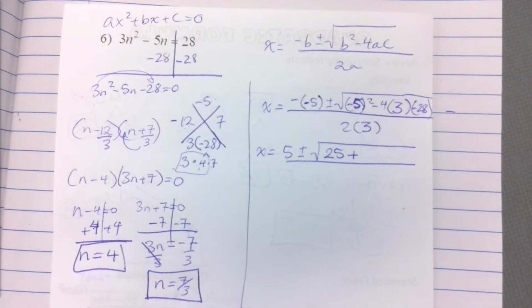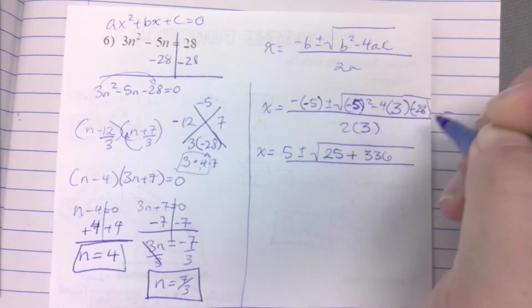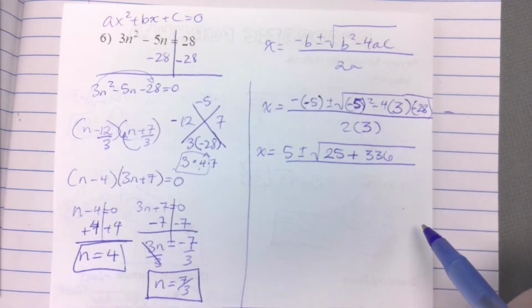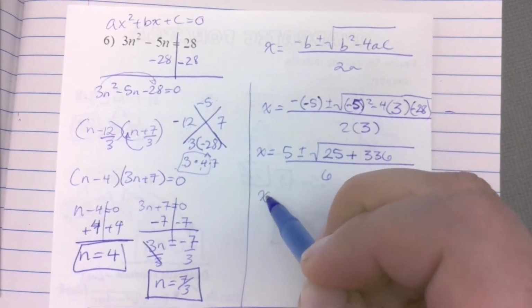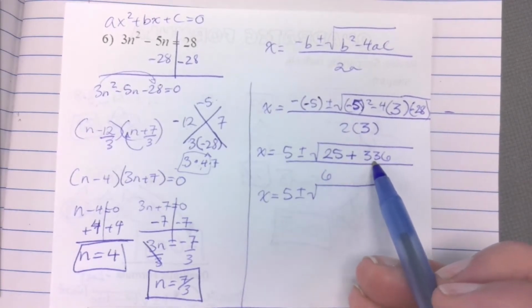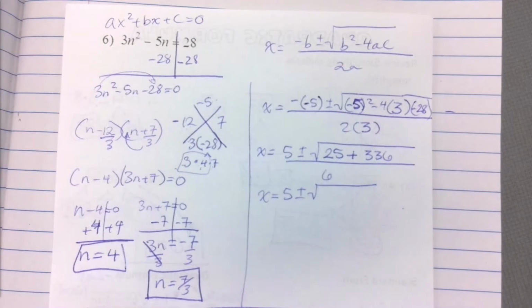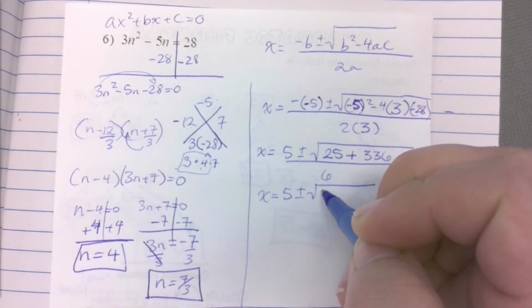Times 28. What's 2 times 3? What is 336 plus 25? 361.